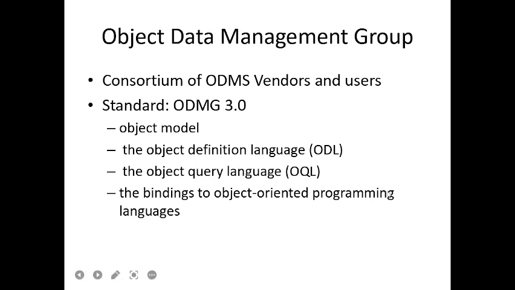Then this was revised into ODMG 2.0 and later to ODMG 3.0. Now this is the latest one, and the standard is made up of several parts, including the object model. The standard has the object model, then an object definition language, then an object query language, and it also has the bindings to object-oriented programming languages.